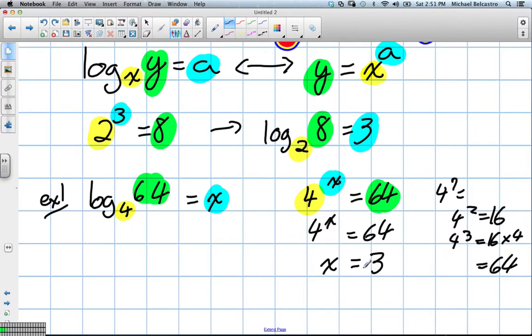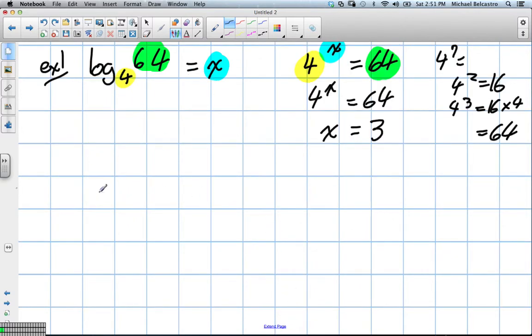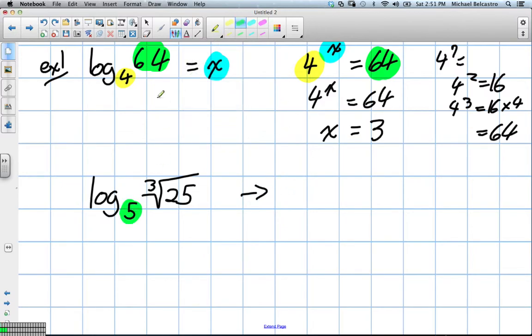I'm going to use another one just to show you a radical form. So let's say we have log base 5 of the cube root of 25. This is our radical form here. Same idea. Let's go on converting. Our base is 5.